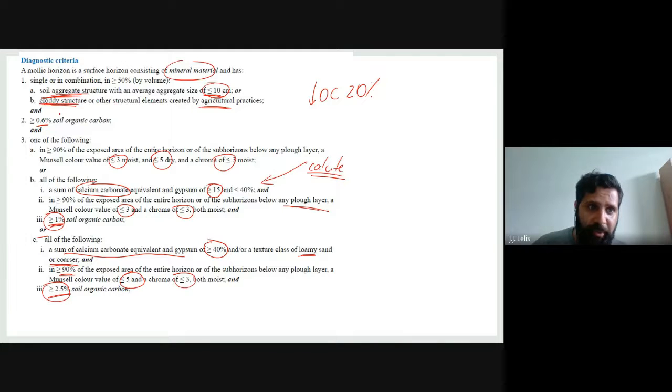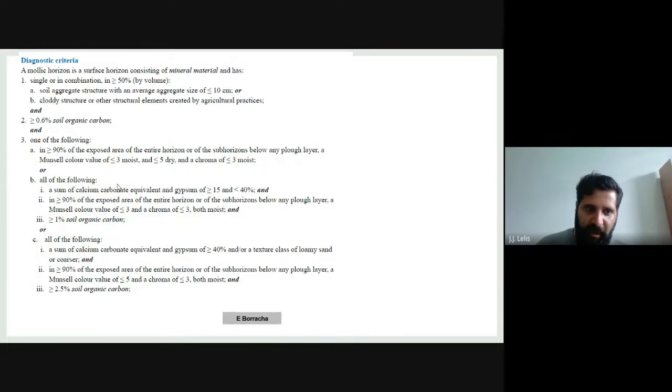So we should present this condition or this condition or this condition, and A, B, and C differentiate between them according to the presence or the absence and the quantity of calcium carbonate. If we present a higher content of calcium carbonate, we demand a higher content of soil organic carbon. If we present a lower content of calcium carbonate, we demand a lower content of soil organic carbon.